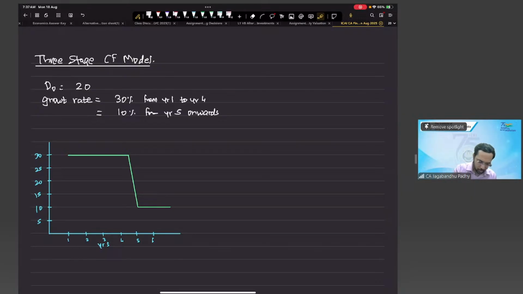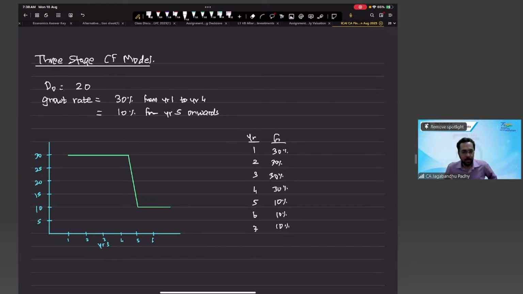So for years 1, 2, 3, 4, 5, 6, 7, the growth rate is 30% for the first year, second year, third year, fourth year also, and from the 5th year you suddenly have 10%. This is difficult to interpret and not easy to assimilate.